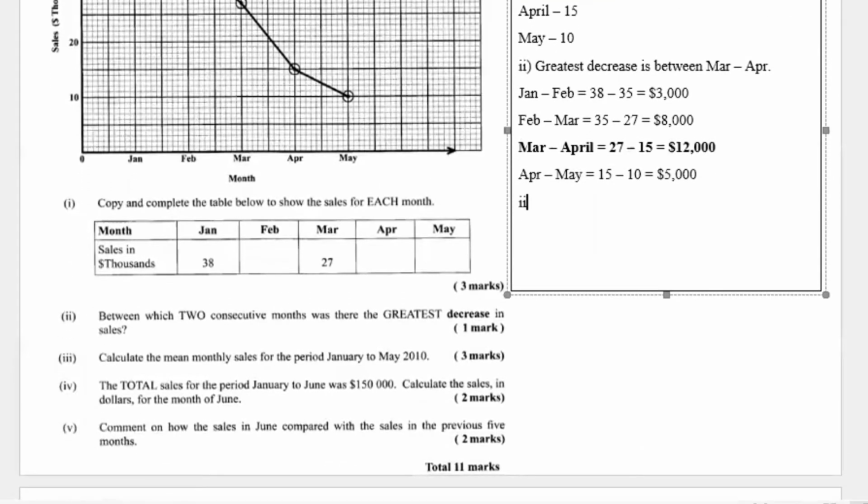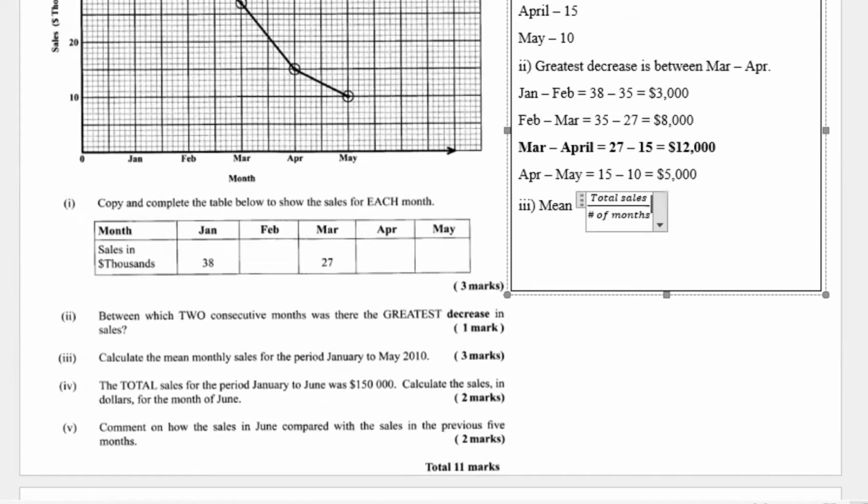Part 3 now says calculate the mean monthly sales for the period of January to May. So the mean monthly sales, we know what the general formula for mean is. So therefore, our mean would be equal to the total sales divided by the total number of months.